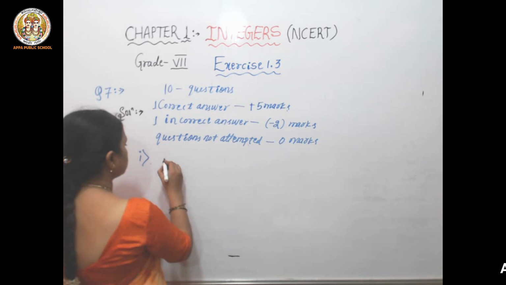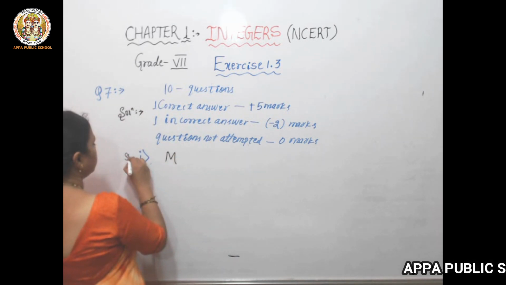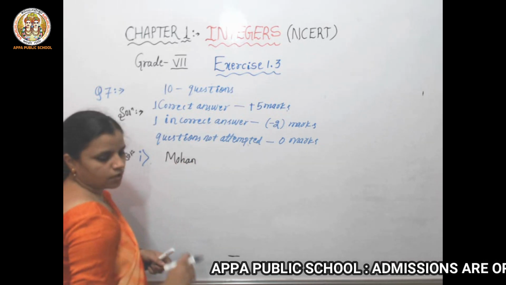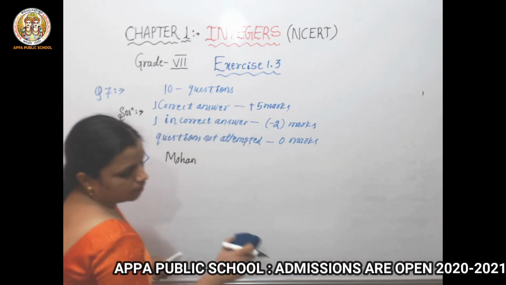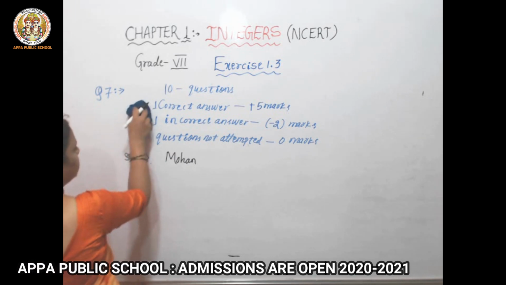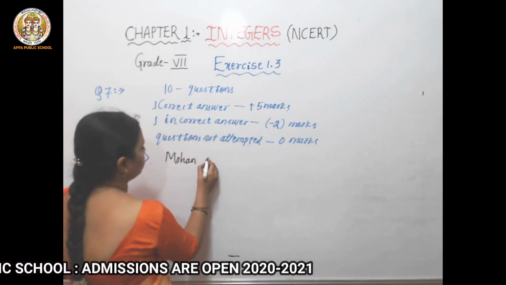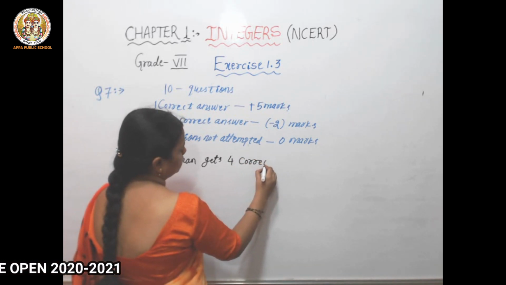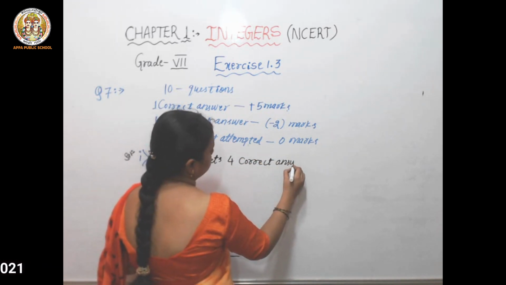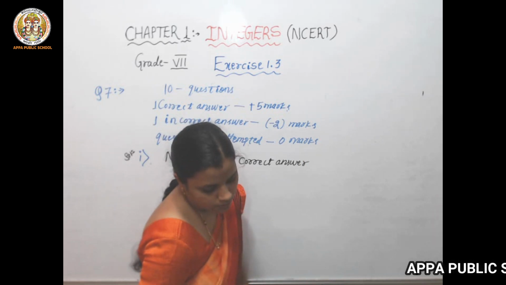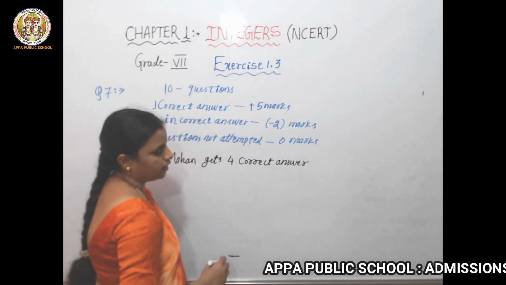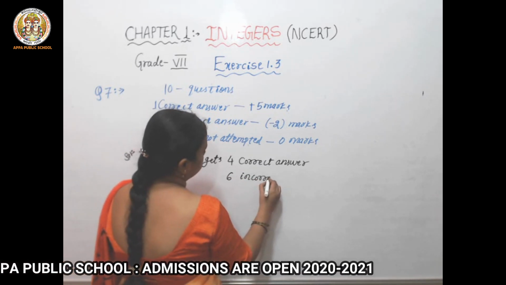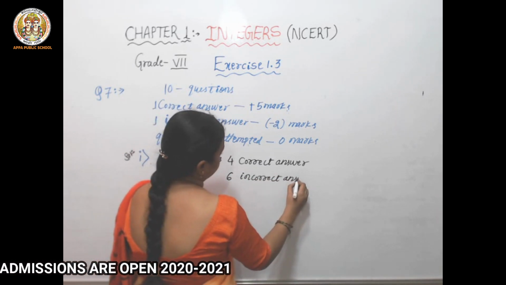So the first person is Mohan. Mohan gets 4 correct answers and 6 incorrect answers.